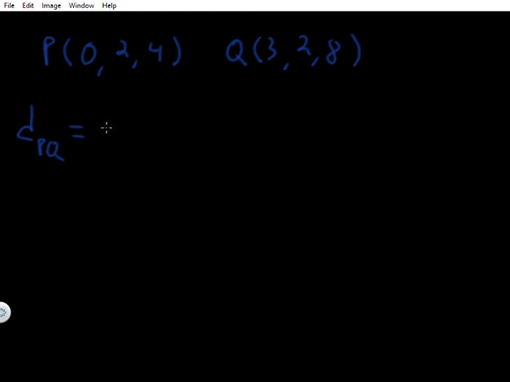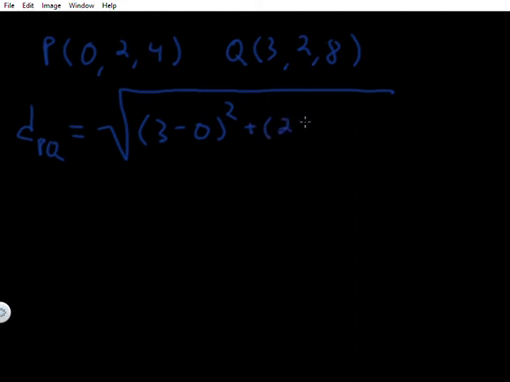Well, once again, we're going to do a big square root. 3 minus 0, because it's y2 minus y1 squared, plus 2 minus 2 squared, plus 8 minus 4 squared, and what do we get now?